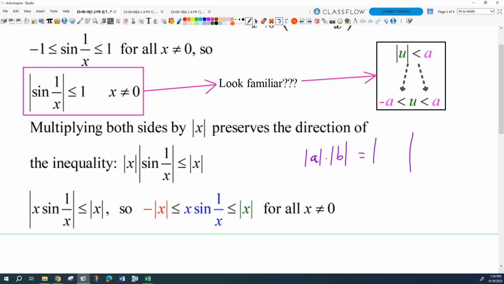Try it with some numbers. The absolute value of 3 times the absolute value of 4 is 12, right? What's the absolute value of negative 3 times the absolute value of positive 4? 12. What's the absolute value of negative 3 times the absolute value of negative 4?